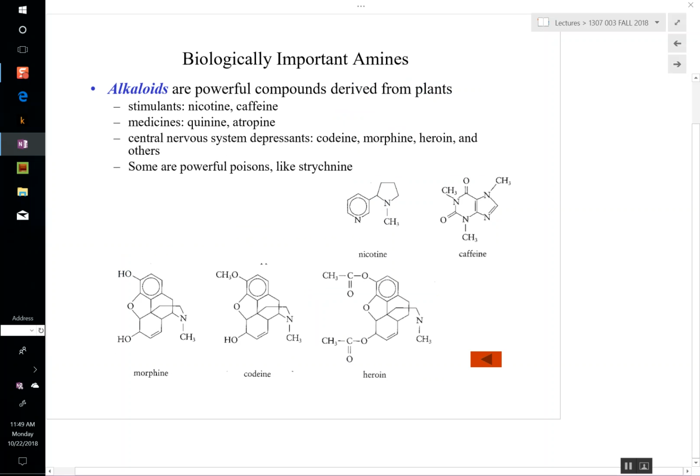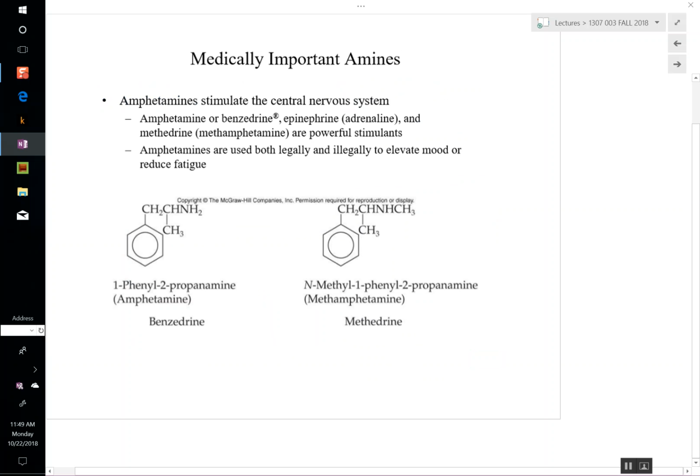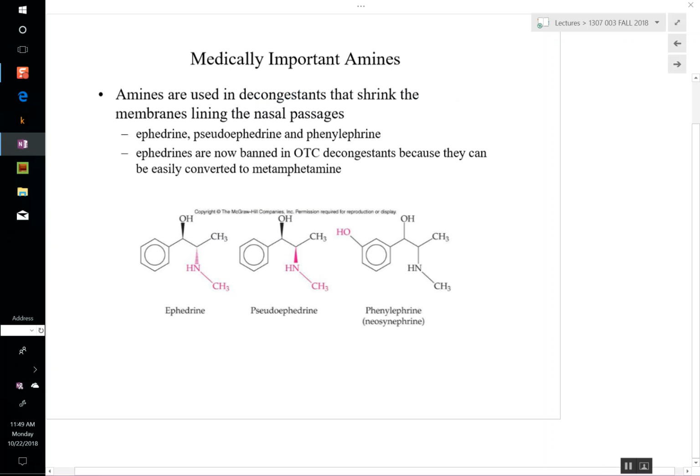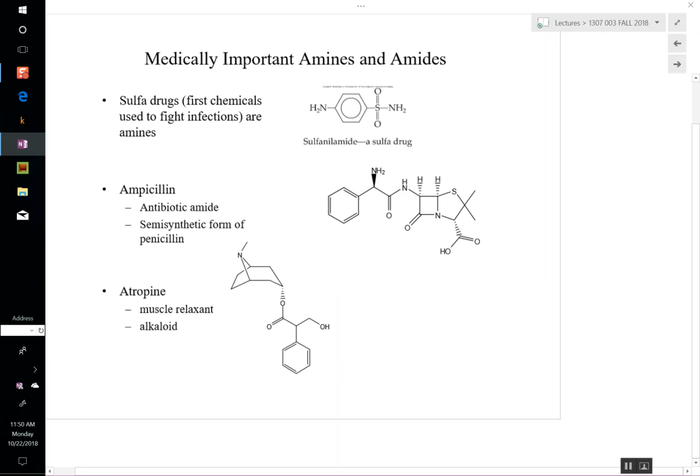Morphine, codeine, you can see the nitrogens popping up in caffeine, nicotine, popping up in a lot of biologically active molecules. Benzedrine, methedrine, so amphetamines. Novocaine, so there's your tertiary amine right there, Novocaine and an amine here. Demerol. Medically important amines.